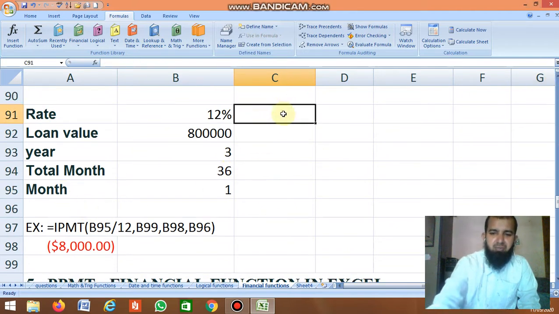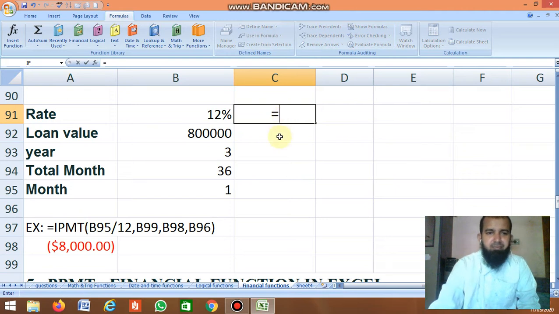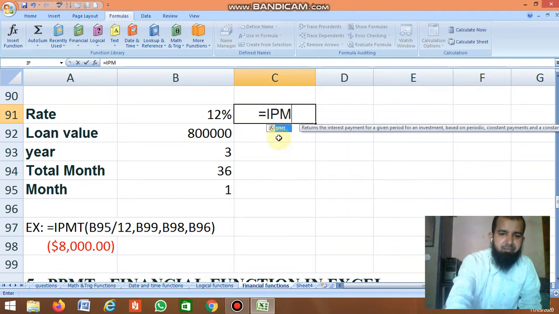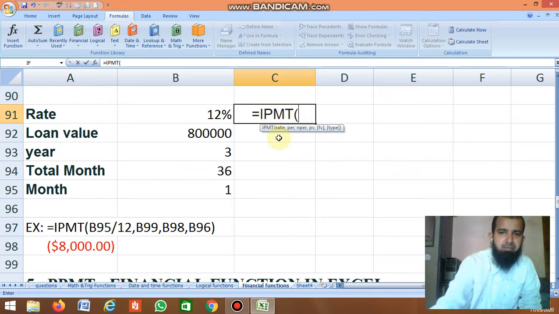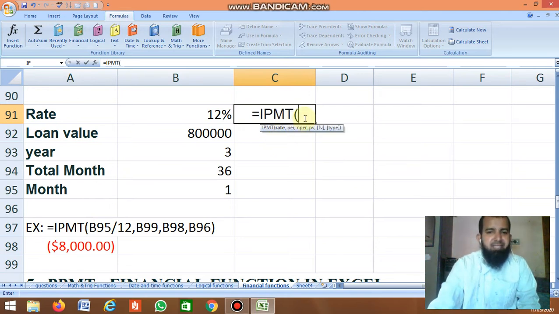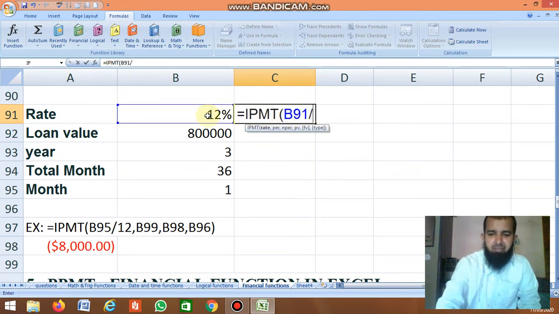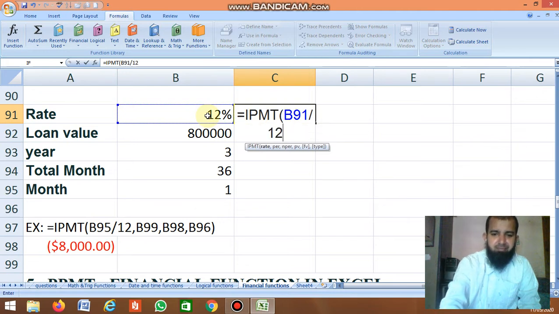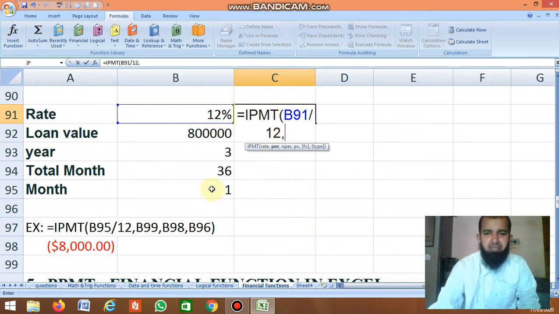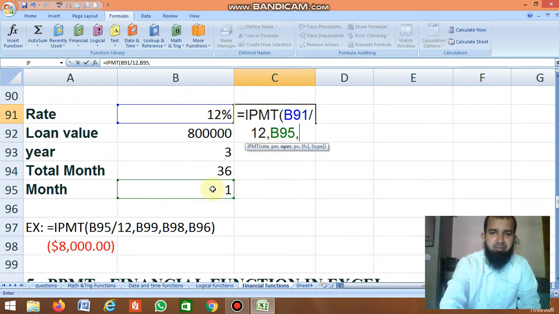So here equal to IPMT, rate is 12% divided by 12, comma. Next, you want to know the first month. What is the interest of the first month?